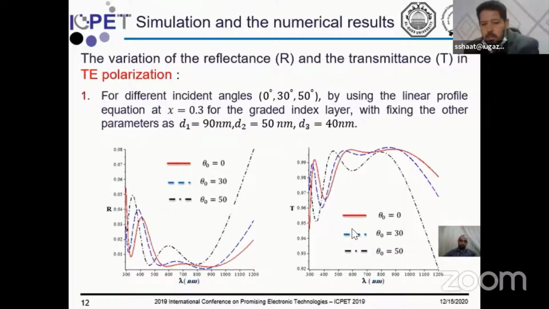In the result, we will see the minimum reflectance satisfied at incident angle equal 0, shown by the solid red line. So the minimum reflectance is satisfied for a long range of wavelength. Also, for the same angle 0, the transmittance shows the maximum transmittance for a long range of wavelength.